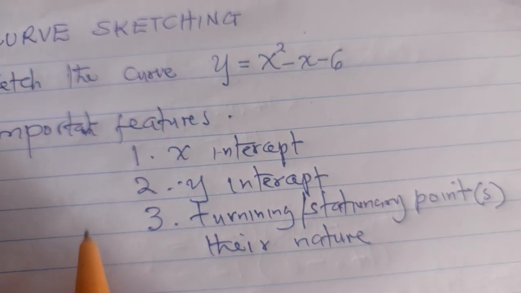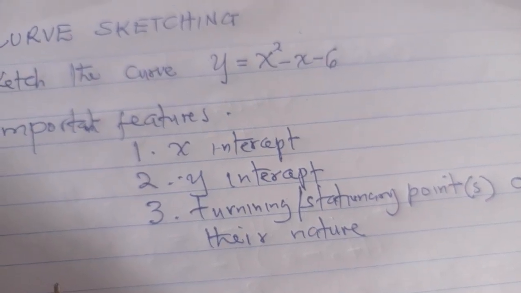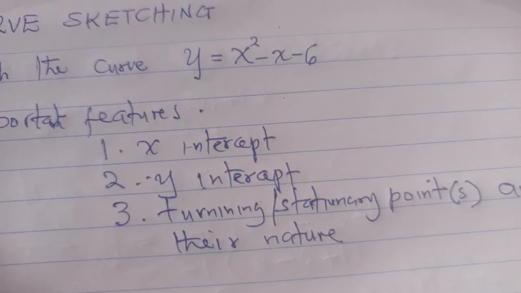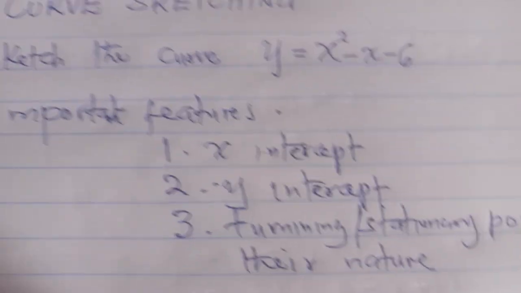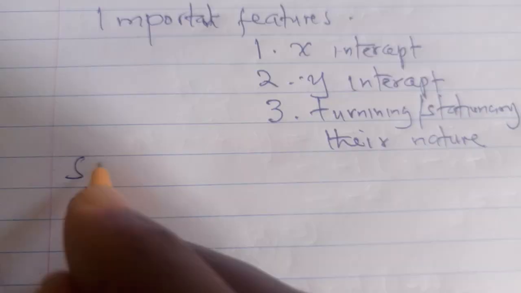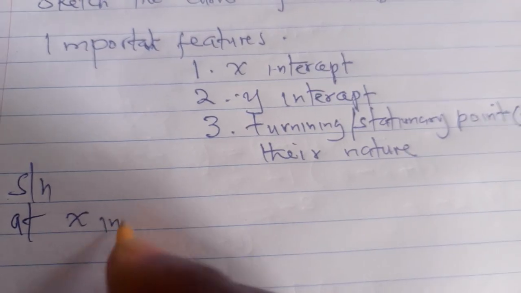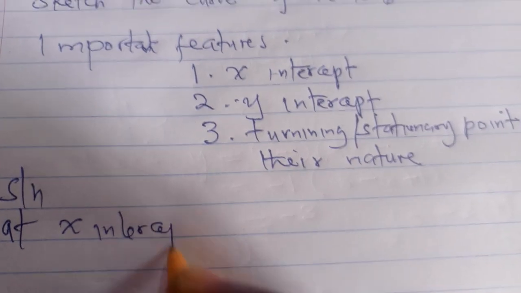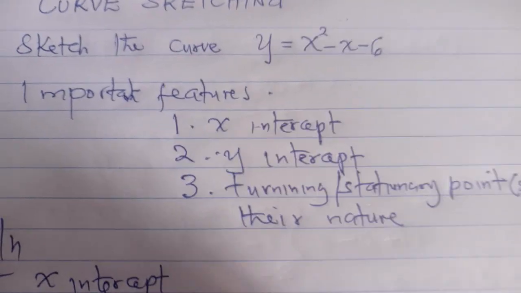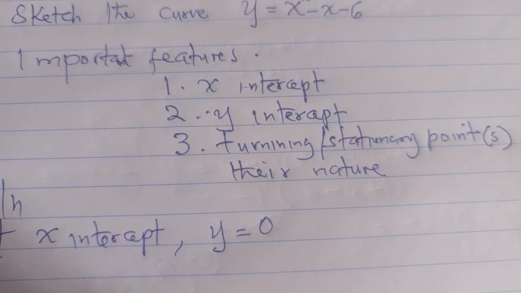So let's begin with, for instance, let's start with the x-intercept. Now at this solution, at x-intercept, what we should be aware of is that the value of y is equal to 0.